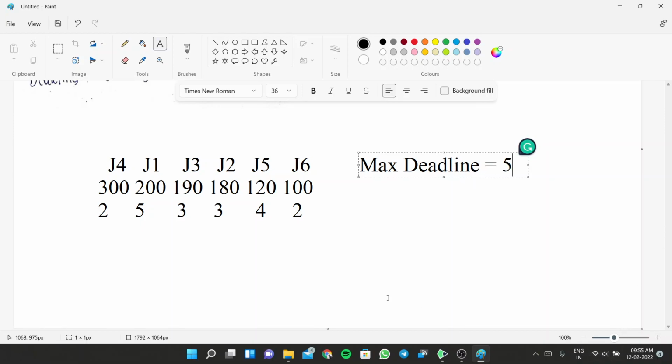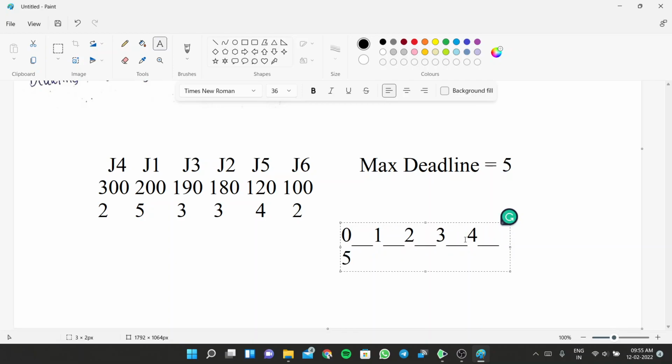So this is the maximum deadline. We will consider the slots like this: 0, 1, 2, 3, 4, 5, and we will come in an order.